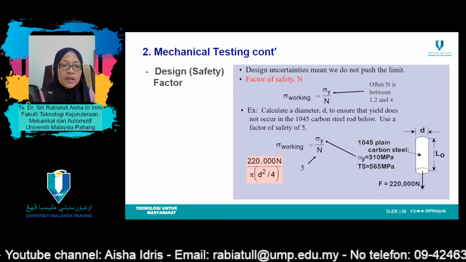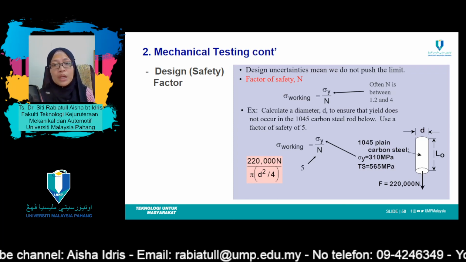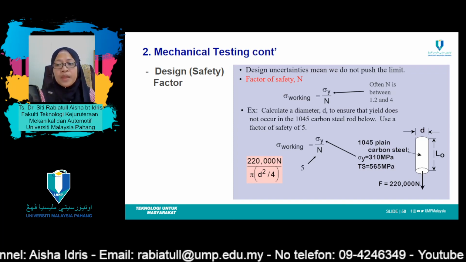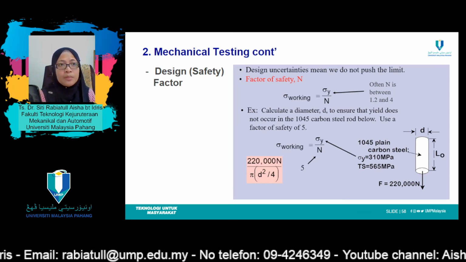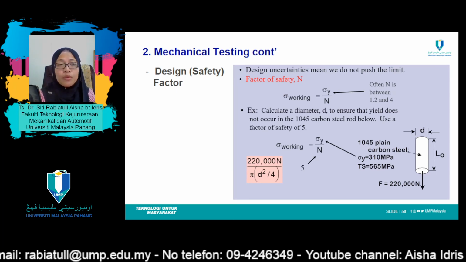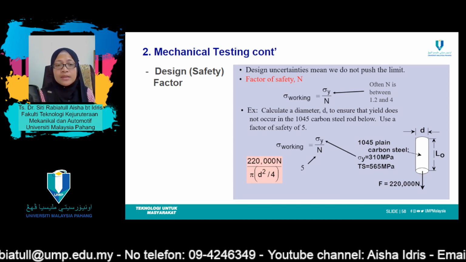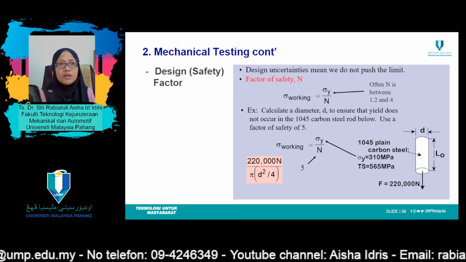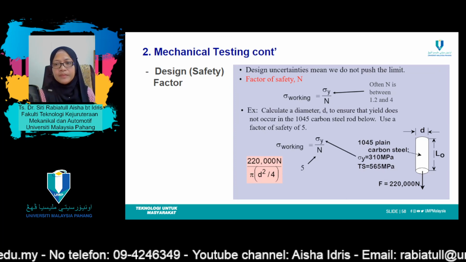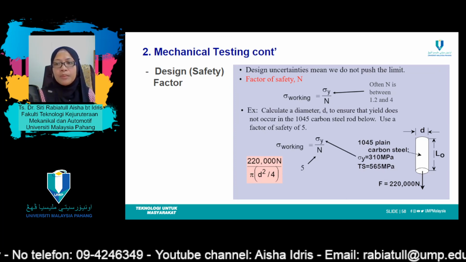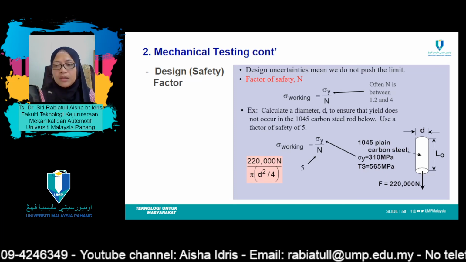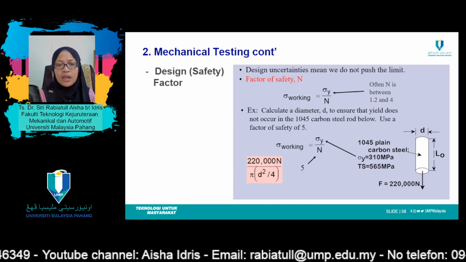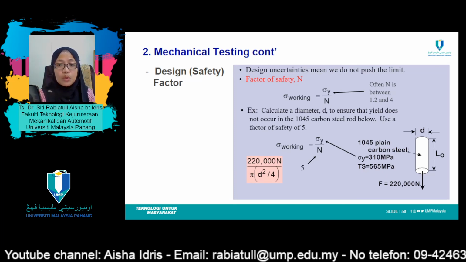Other than that, in design, we should also include the factor of safety, so that the materials won't easily fail, and have their maximum load before they fail. However, for the calculation part for design of safety and all that, you will learn it further in strength of materials or solid mechanics.